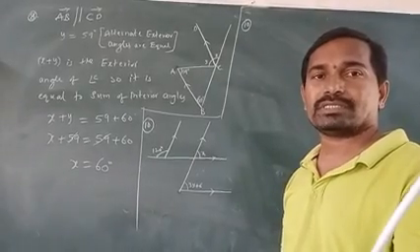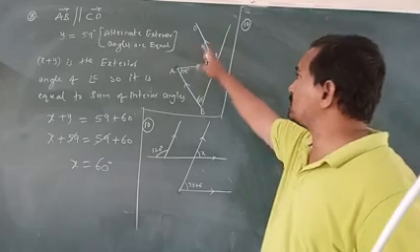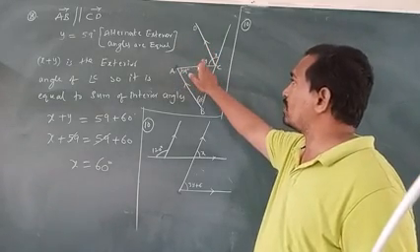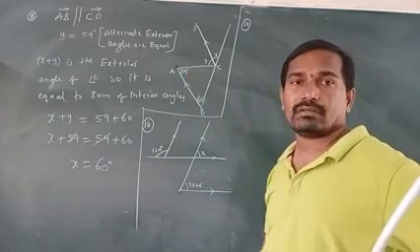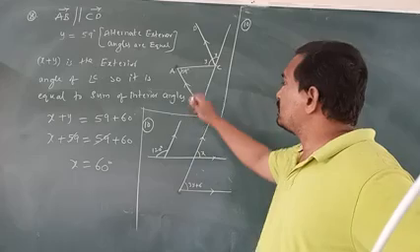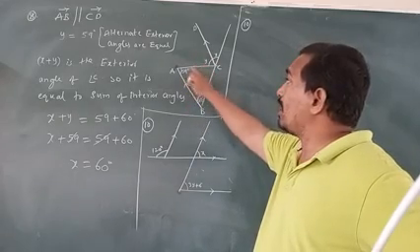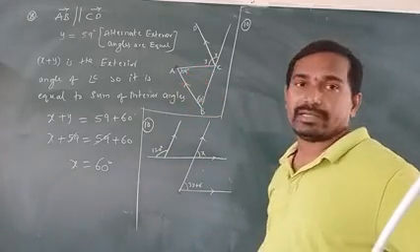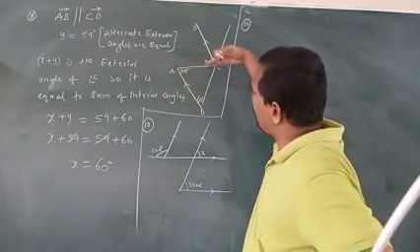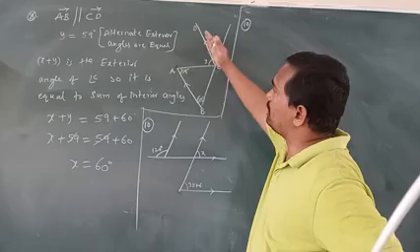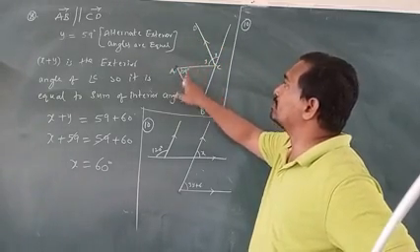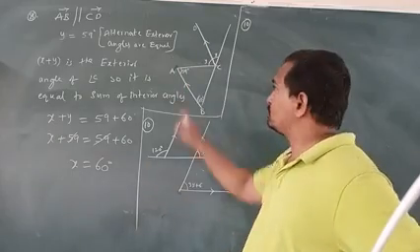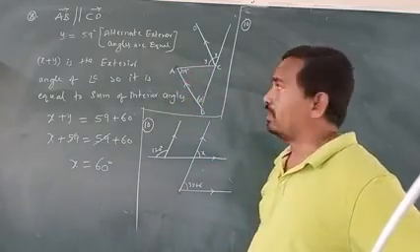What type of angles are y and 59? These two are alternate interior angles. This is a transversal, and since the two lines are parallel, these two alternate interior angles are equal.